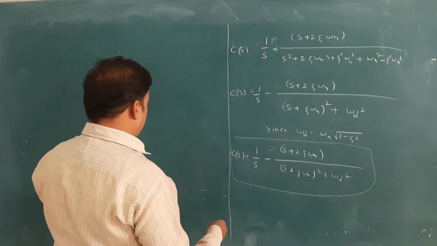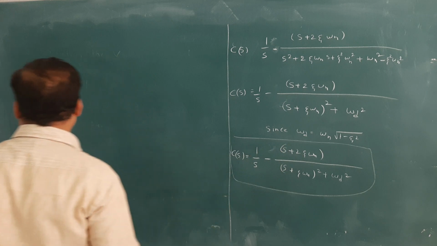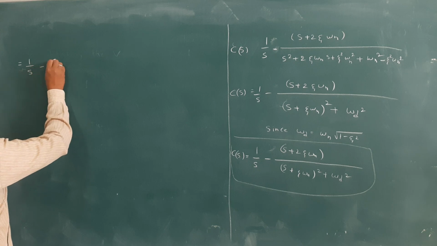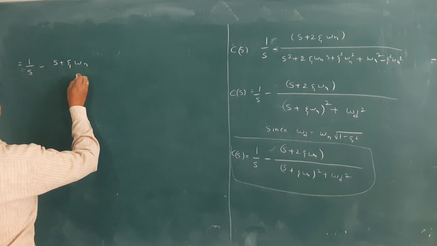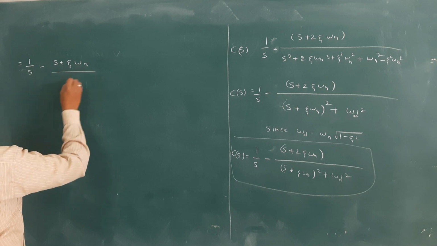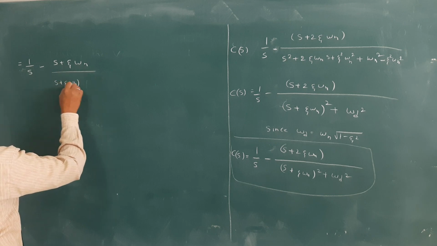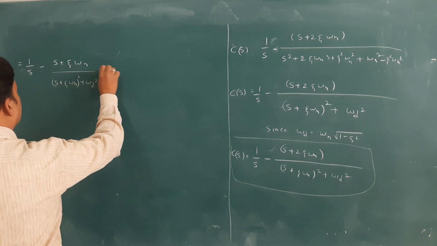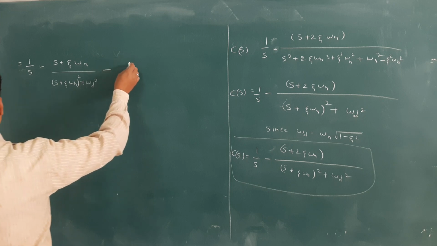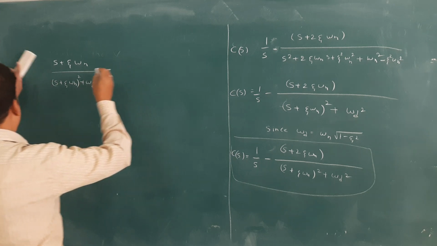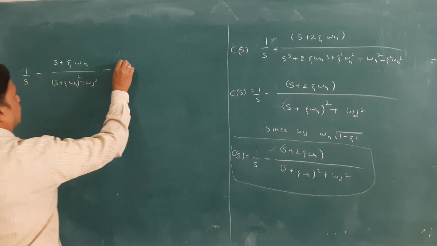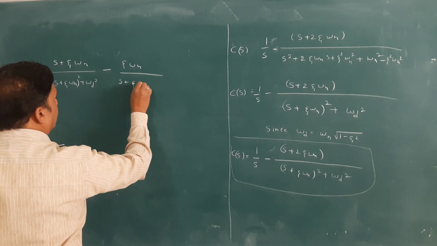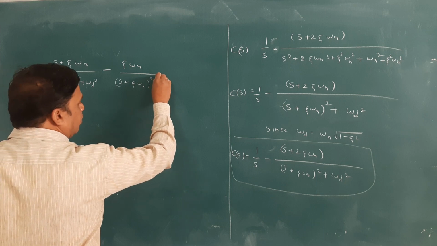We can also make this into two terms: that is equal to 1 by s minus (s plus zeta omega n) divided by ((s plus zeta omega n) whole square plus omega d square), minus zeta omega n divided by ((s plus zeta omega n) whole square plus omega d whole square).